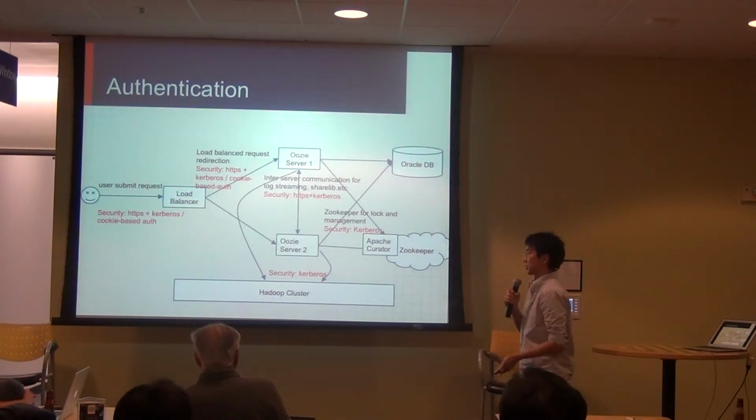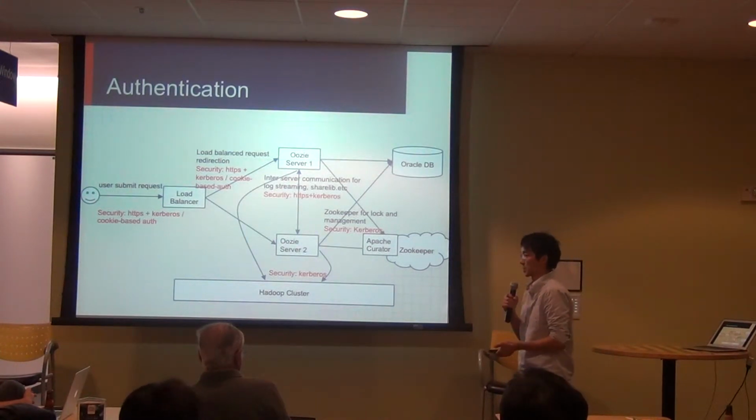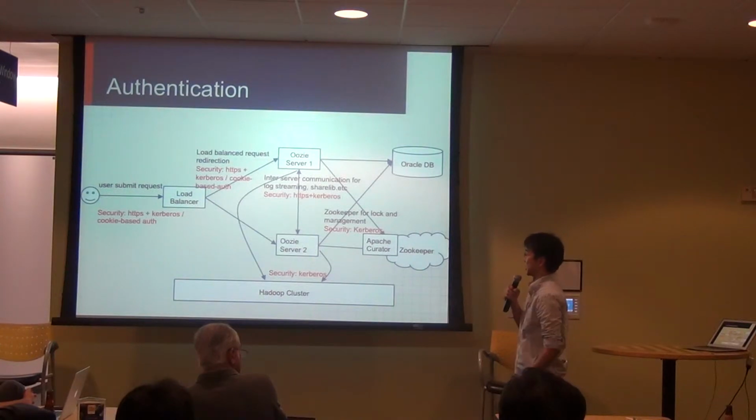We also support Kerberos, but each company tends to have its own implementation of cookie-based authentication. For example, in the Yahoo case, we have some mechanism for the bouncer, and between the user and the Oozie servers, we can plug in that cookie-based authentication. But that is true even before HA.